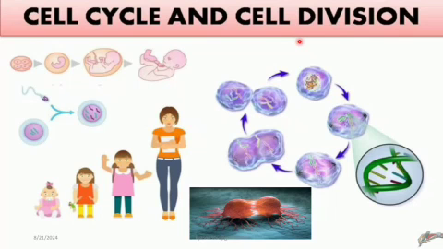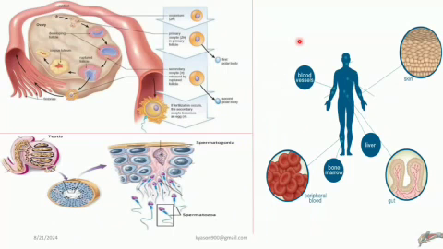Without cell division, it will be hard for you to grow to the size that you have now. For you to grow from infant stage up to the adult size that you have now, it's because of cell division. For your wounds to heal, all because of cell division. Okay, so it's a very critical process that has to occur normally within the body.